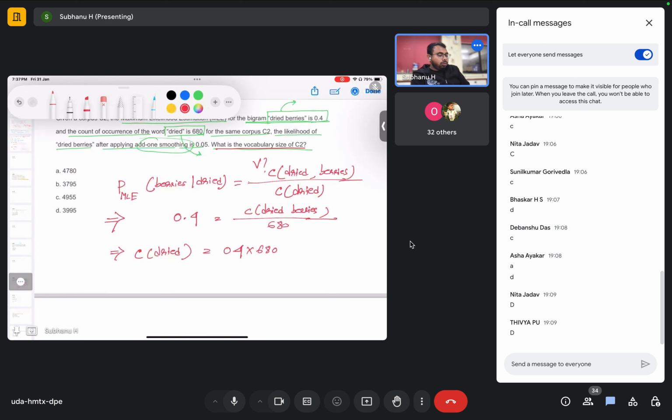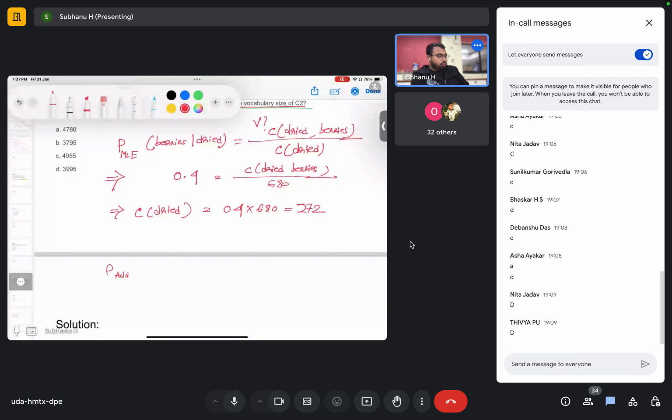Now the probability with add-one smoothing, of berries given dried, is equal to count of dried berries plus 1 by count of dried plus V. We know all of these things, like 0.05.